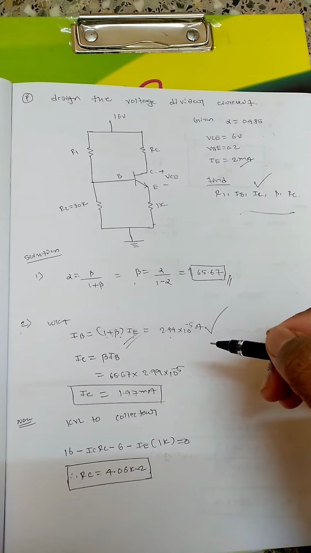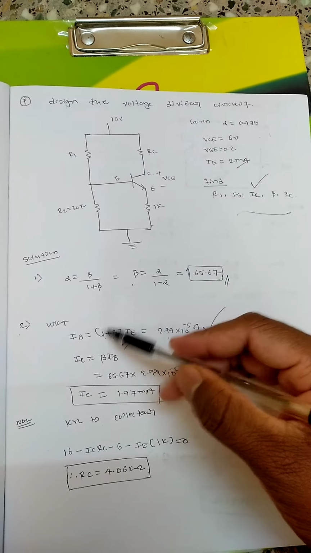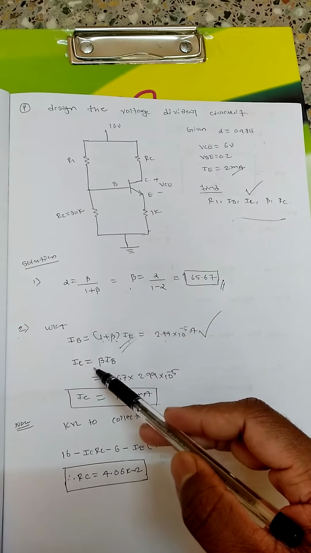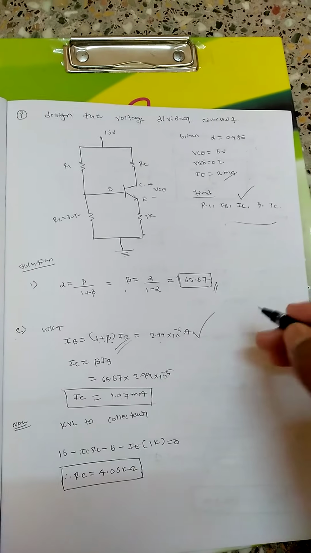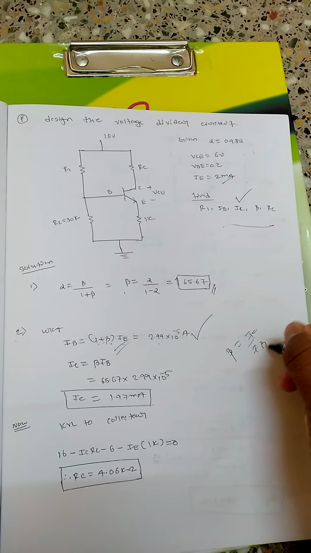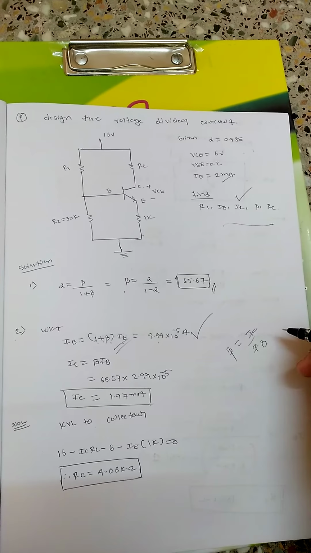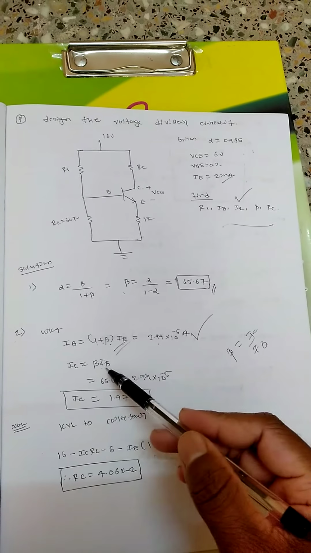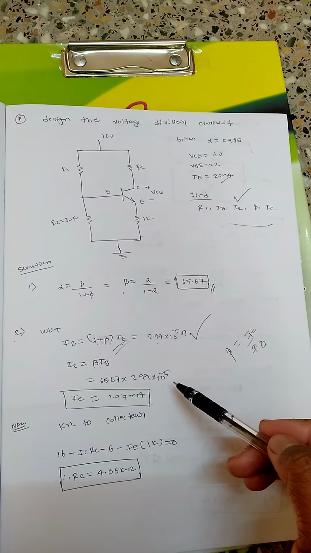Now I have got the base current and I know the emitter current, so I can find out the collector current easily. This is the common emitter configuration, so beta will be equal to IC divided by IB. So IC will be equal to beta into IB. Beta value is 65.67 and IB is 2.99 into 10 to the power minus 5.